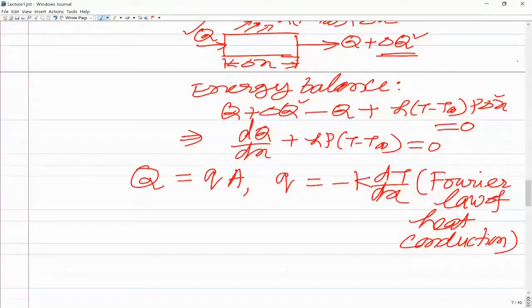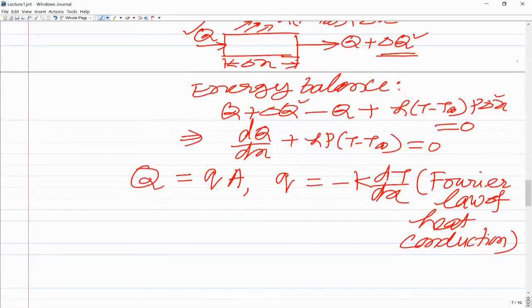So small q is the heat flow per unit area along the x direction, that is minus k times dT by dx. Heat flows along the negative direction of the temperature gradient. If dT by dx is negative, then q is positive. If dT by dx is positive, then q is negative, so the heat flow would be in the other direction.